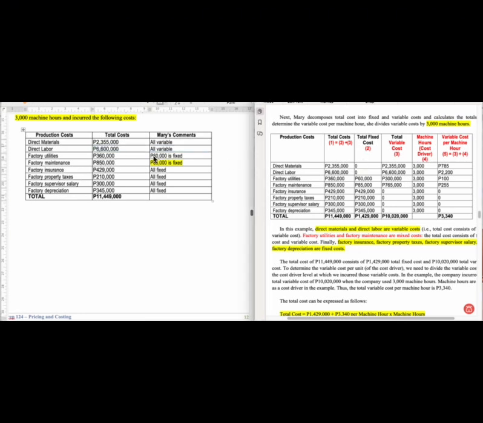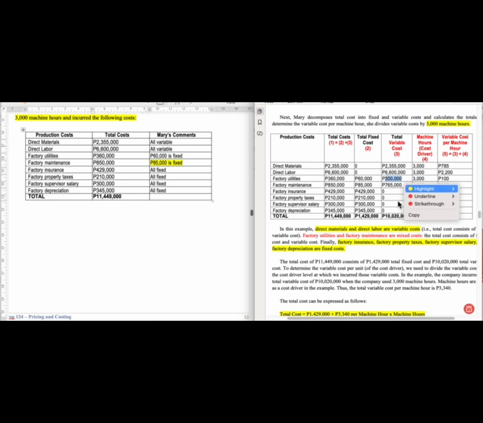Mary says the factory utilities has 60,000 fixed. So how much is your variable? Since 60,000 is fixed, the variable now is 300,000. That's 360,000 minus the fixed 60,000. The remaining variable is 300,000.